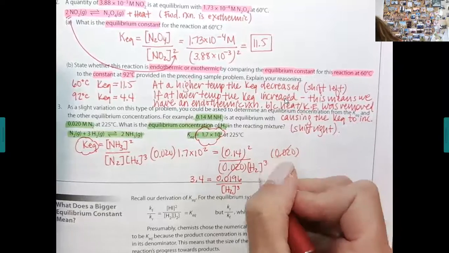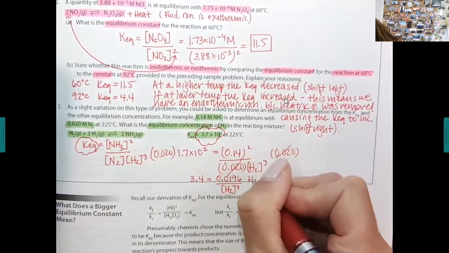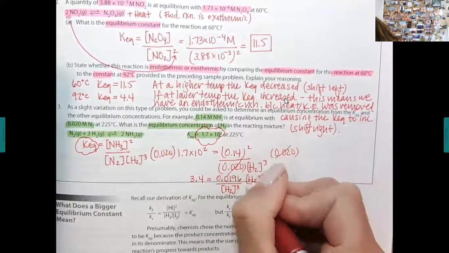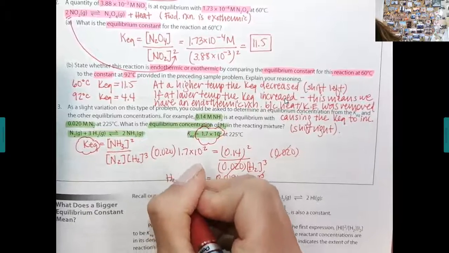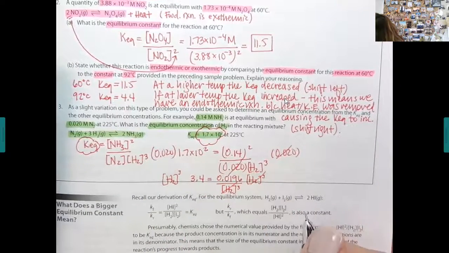And then you could also multiply by H2 cubed to get this in the numerator over here.